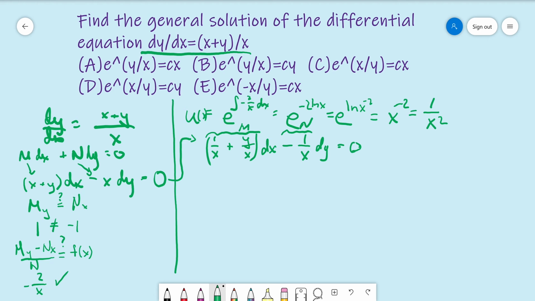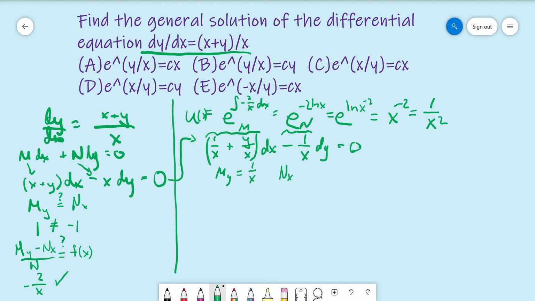Are they? Let's see. The derivative of M with respect to y is going to be 1 over x, and the derivative of N with respect to x is going to be, sorry, I made a mistake here.